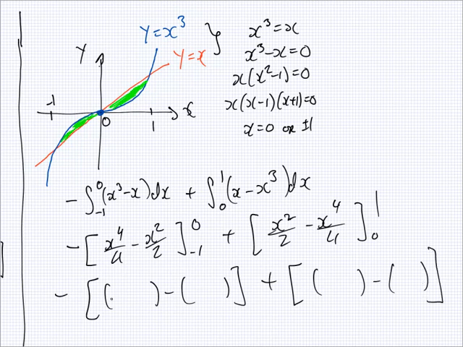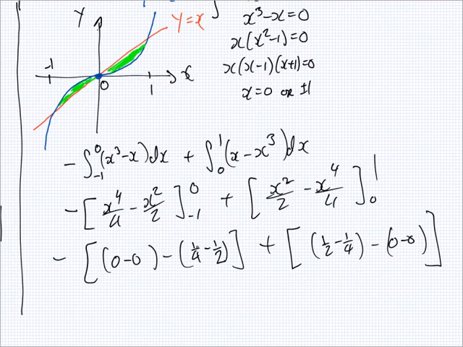Right, if I put in 0, I get 0 minus 0. If I put in minus 1, I get 1 over 4 minus 1 over 2. If I put in 1, I get 1 over 2 minus 1 over 4. And if I put in 0, I get 0 minus 0. So this is a quarter minus a half, which is minus a quarter, isn't it? By minus is a quarter.